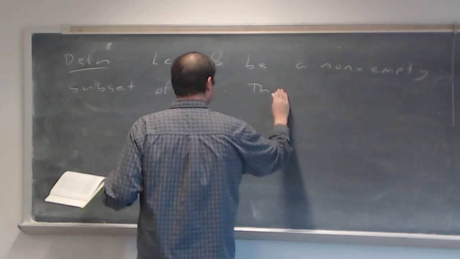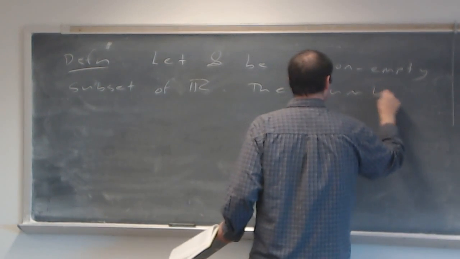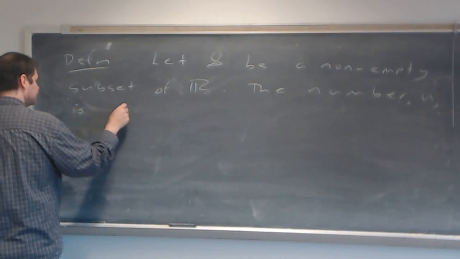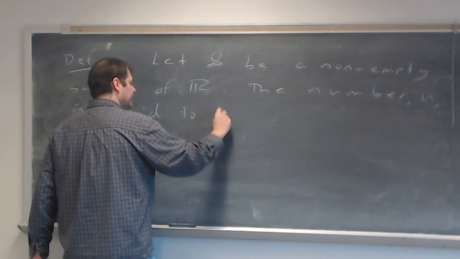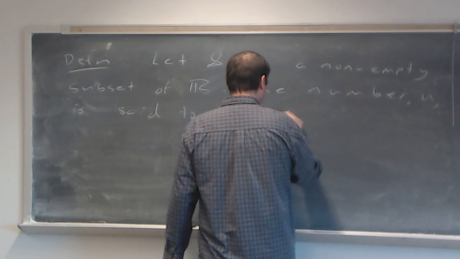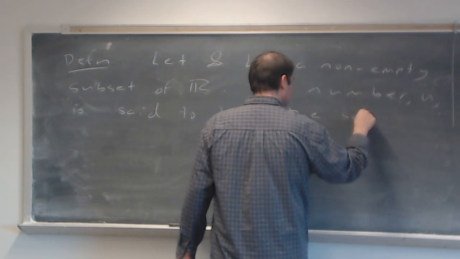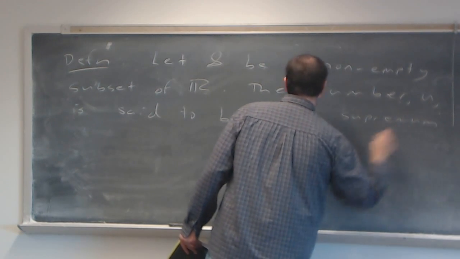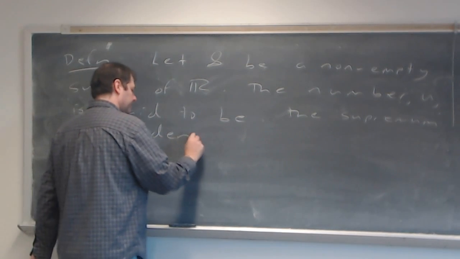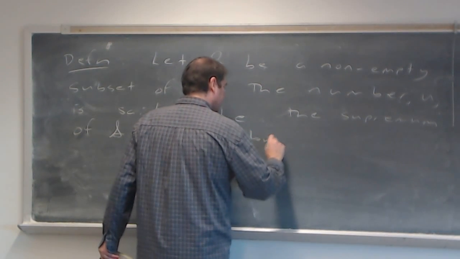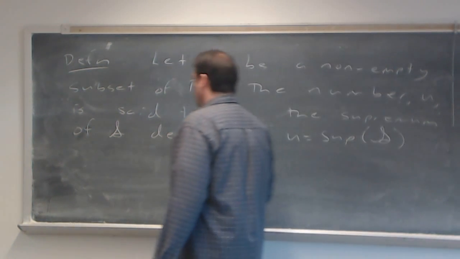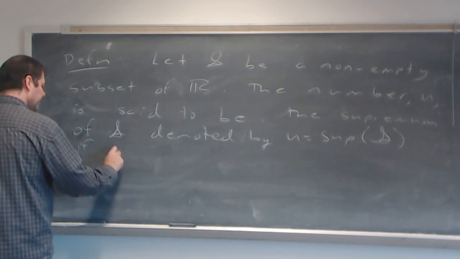The number U is said to be, or I'll say the supremum, of script S, denoted by U equals sup of script S, if these two are satisfied.